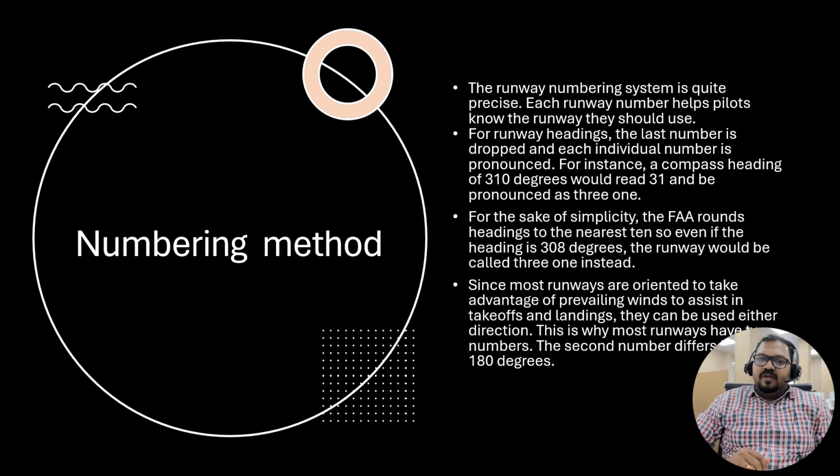Most runways are oriented to the most advantageous prevailing winds. In that fourth point, the magnetic heading is based on the weather observation system, majorly wind direction and sea level. All these dependencies are there in setting the runway heading.